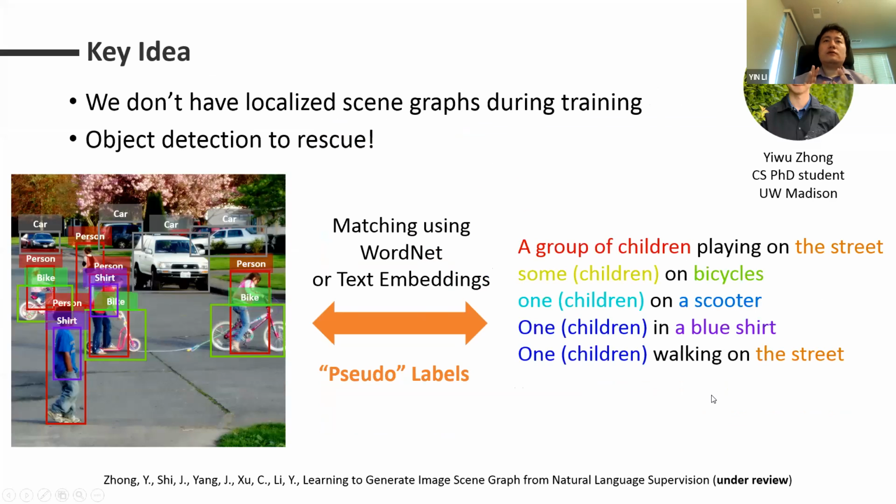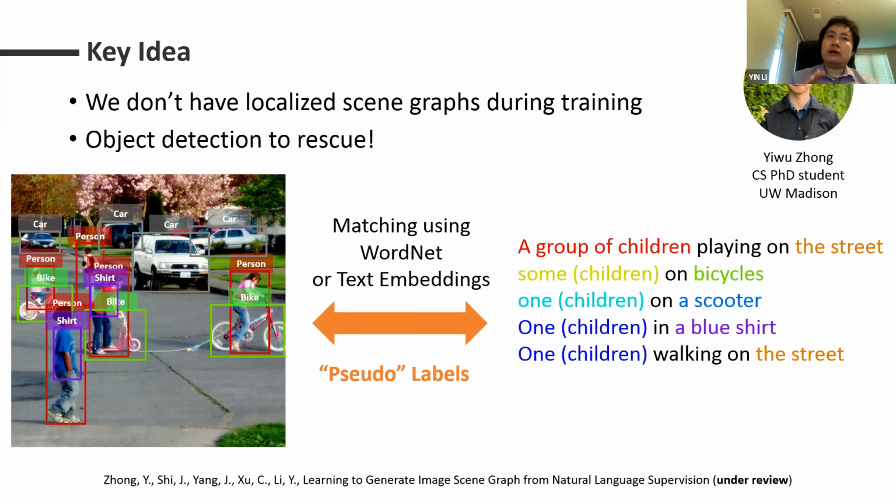Okay, again, the key idea here is very similar to our previous work. We're going to try to save our algorithm from complete failure by running object detection on the input image. Again, what we're going to get is a bunch of bounding boxes with their labels, right? Very similar idea.